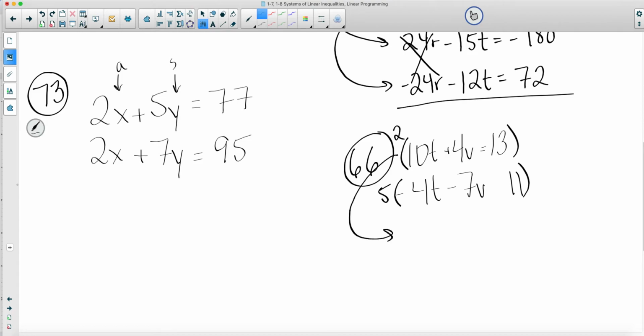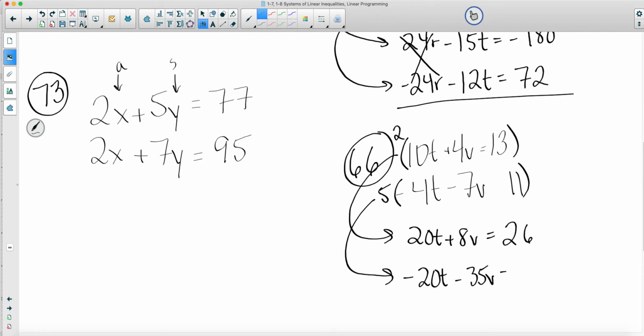So 20t plus 8b equals 26. And then we'll have negative 20t minus 35b equals 55. The t's are going to cancel out, and then you should be able to solve for b. Plug that back into your equation up above.